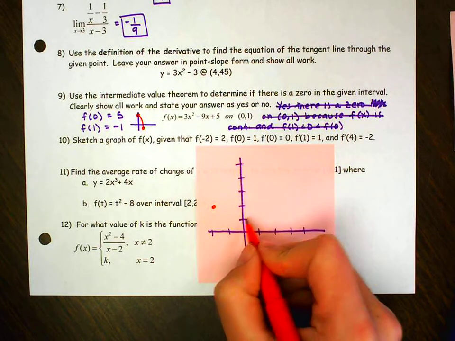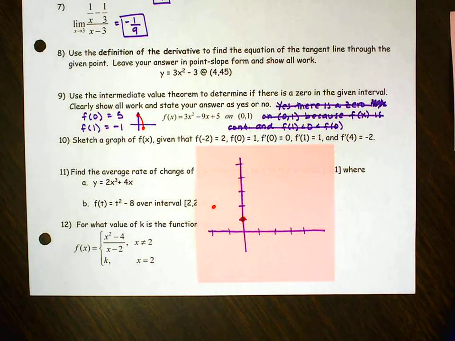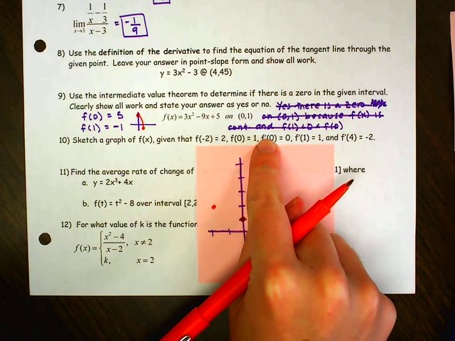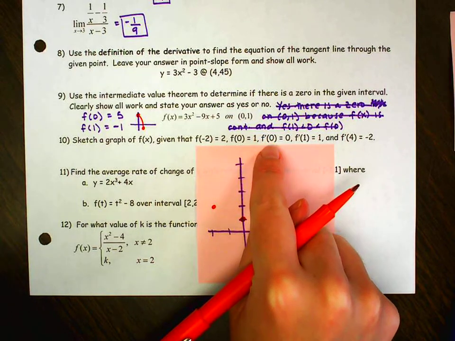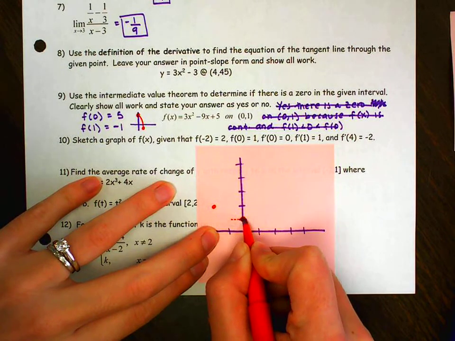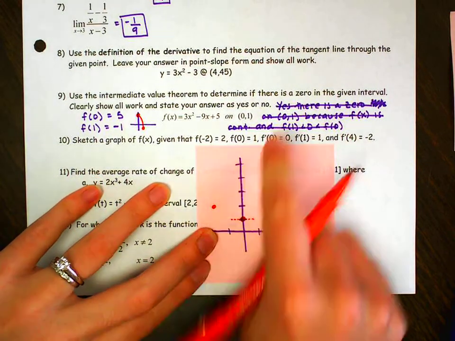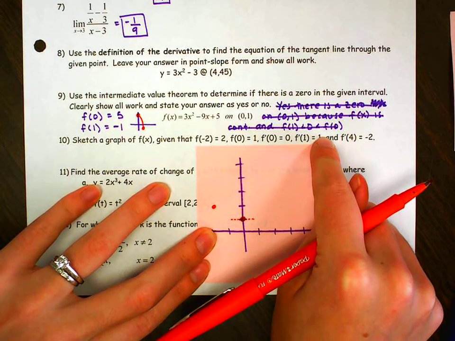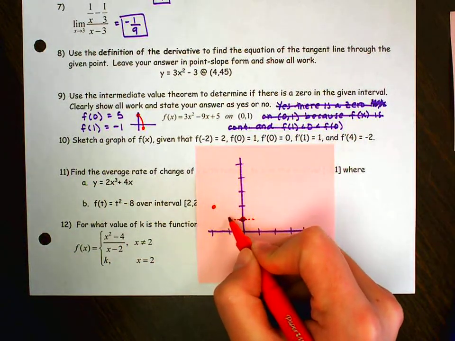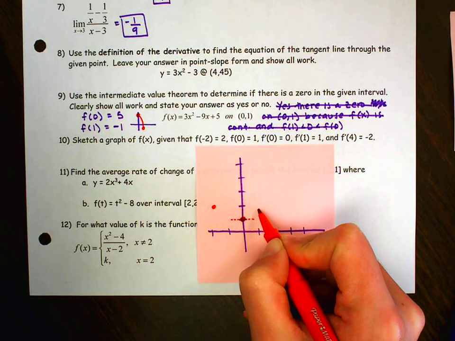We know there's a point at 0, 1. We know that the slope of the function at 0, that's what that prime is telling us, it's the derivative, so the slope at 0 is 0. We also know the slope at 1 is 1. I don't know where the point is exactly, but if I'm estimating, it's probably going to start going up like this. So by around here, I can have the right slope.